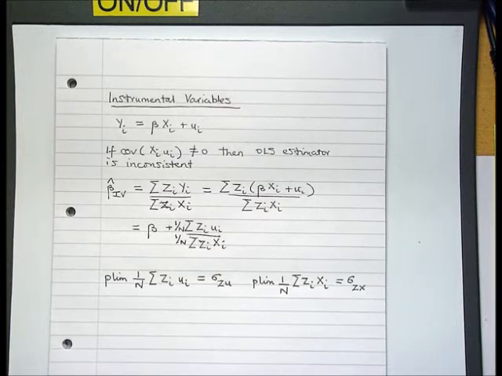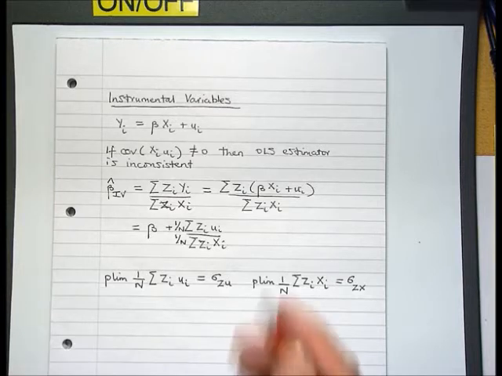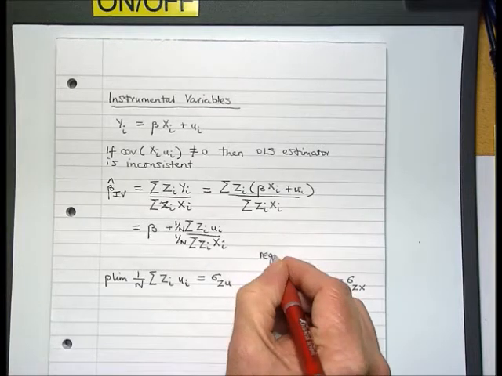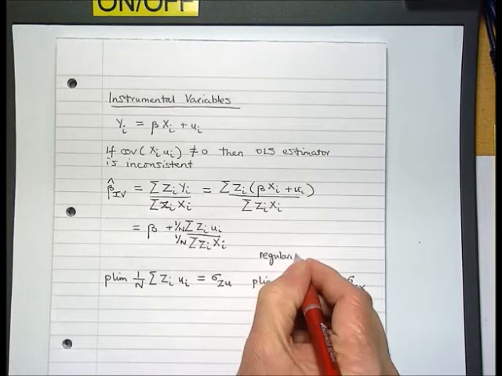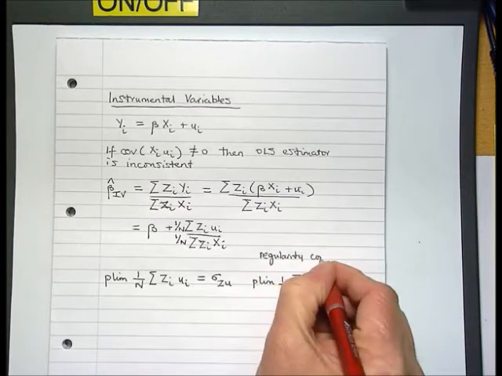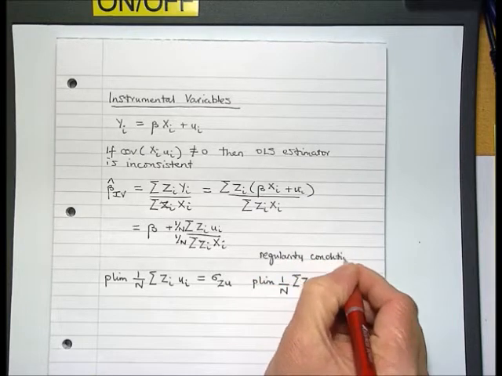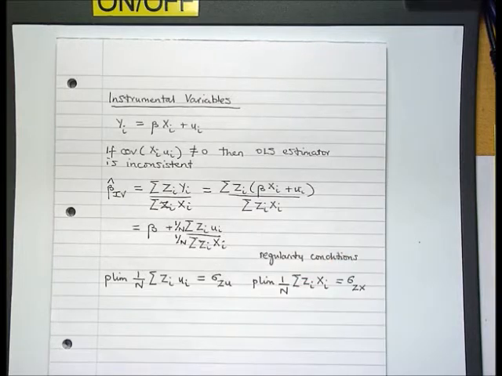So these are what we called in previous lectures regularity conditions. These are just assumptions we make about what happens to these products as the sample size gets large. So just to remind you, we call these in a previous lecture regularity conditions.